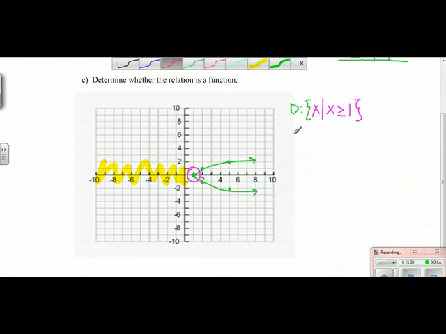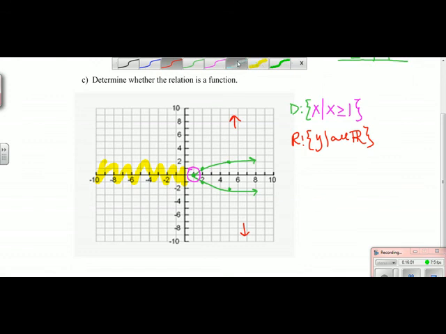Now, if I think about my range values that come out of this, what happens? If I think about over time, this is going to get bigger and bigger and bigger for all of infinity. Eventually, I will get all real numbers coming out of it because there's no limit this way and there's no limit this way to what this eventually can become.